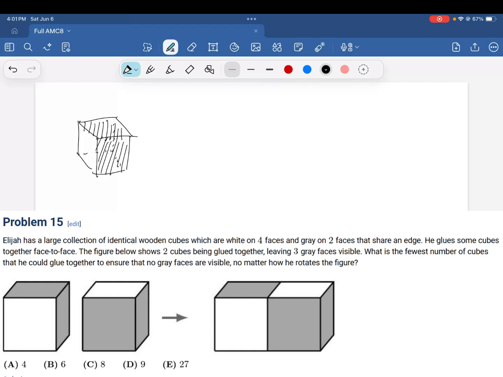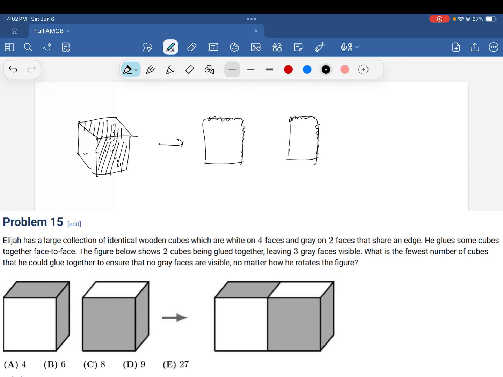Instead of imagining a cube with two adjacent gray faces, we can turn this into a square with two adjacent gray sides. So I'm just going to say these are gray. So we have a bunch of these squares with these gray sides.